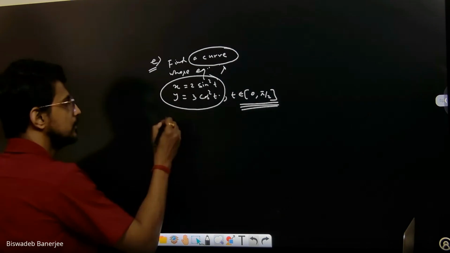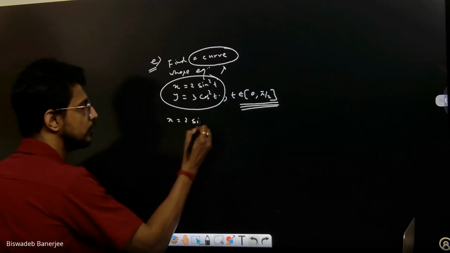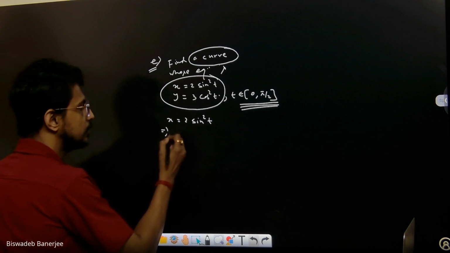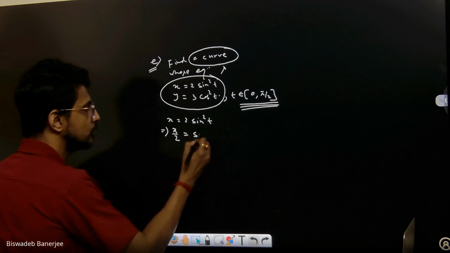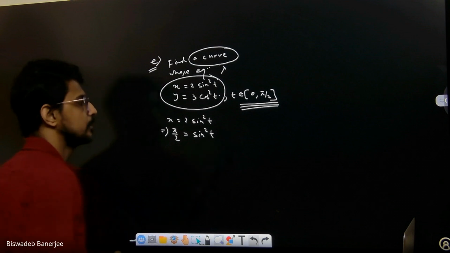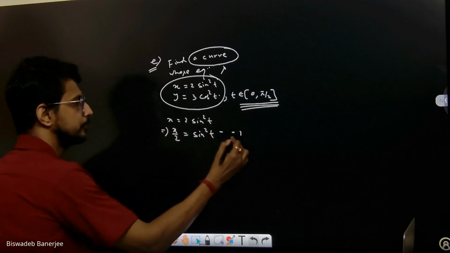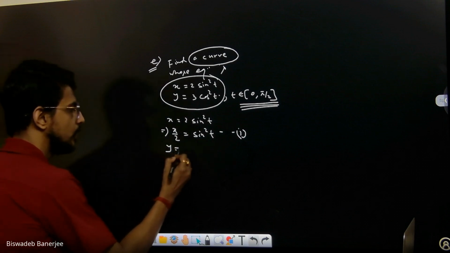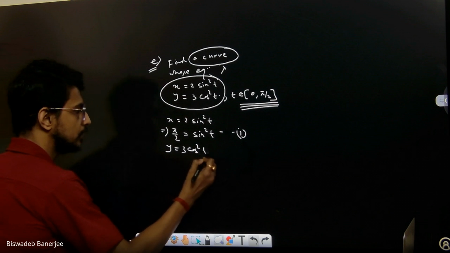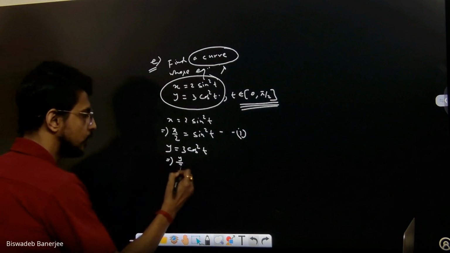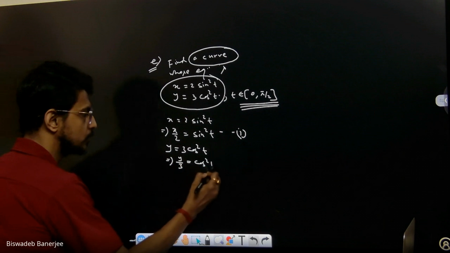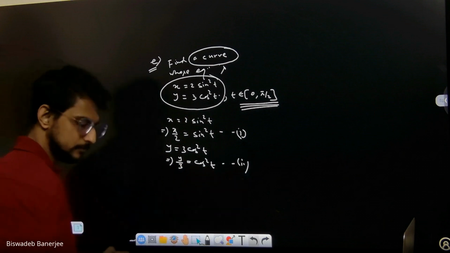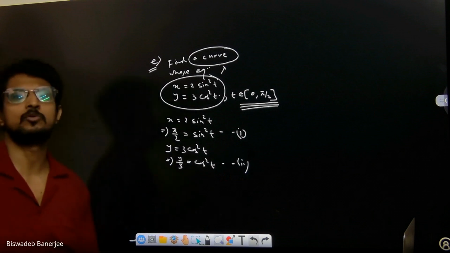See that x equal to 2 sine squared t. This means x by 2 is equal to sine squared t. Obviously. And y is equal to 3 cos squared t, giving you y by 3 equal to cos squared t. So this is my equation 1 and equation 2.